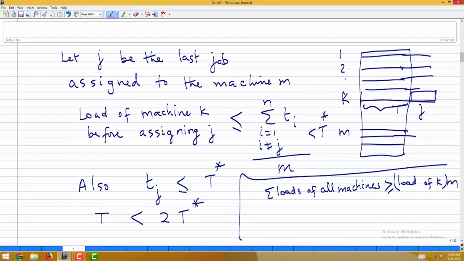But what is the sum of the loads of all machines? This is exactly equal to the sum of all the times except T_j. So, this is equal to the summation of T_i, i not equal to j. So, from here I get the load of K at that time is less than or equal to the summation of T_i over this quantity.